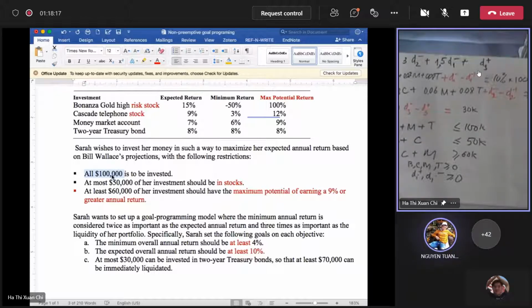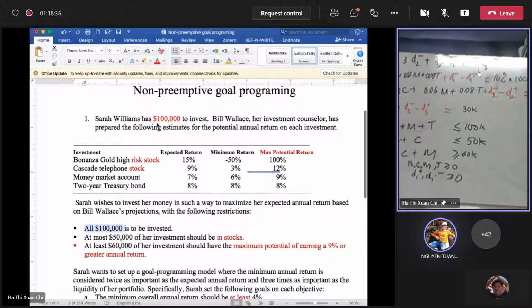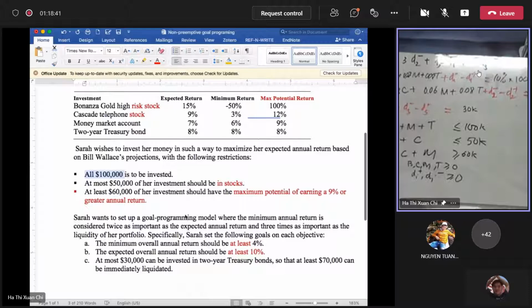We don't use 100,000 to invest. So the constraint at goal constraint 1 and 2, we will not multiply by 100%. Yeah, but it means lesser than or equal, which allows you to use equal.